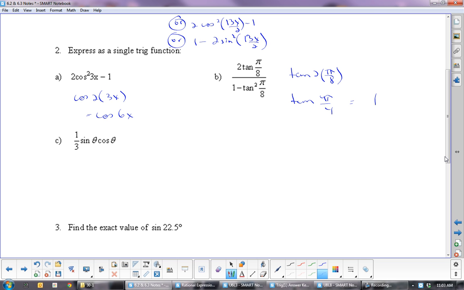Okay, C. You can kind of see what that one sort of looks like. But how are we going to make it be like sine 2x?